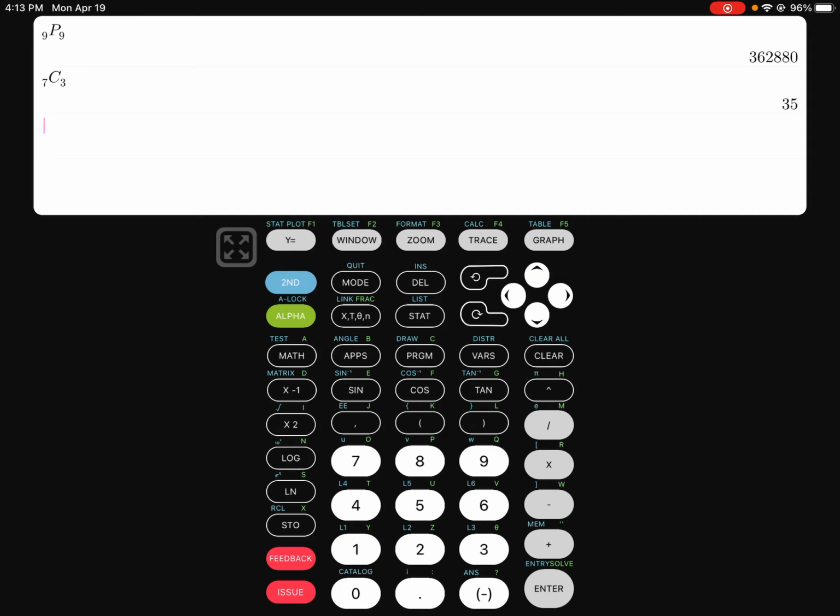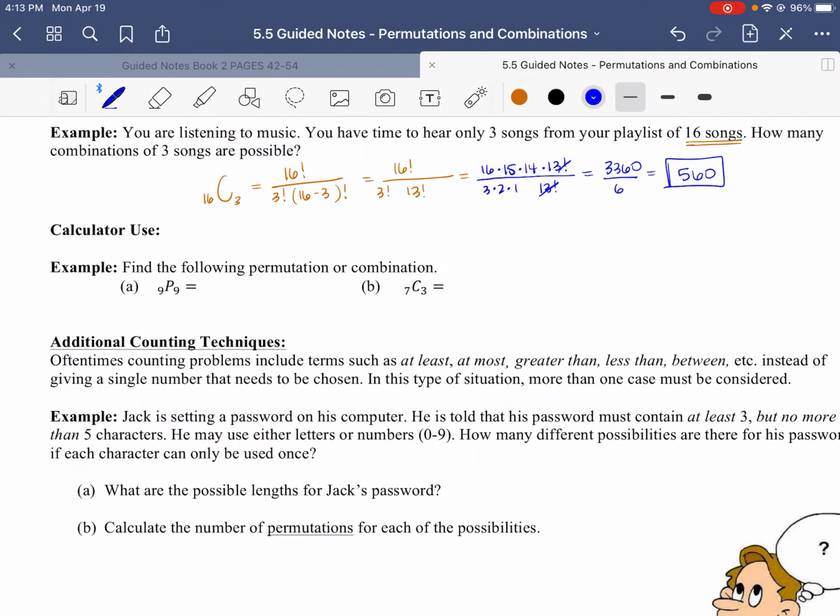So those will calculate it for me. Now again, I understand the calculator does that. I just would definitely practice using the factorial language so that you're comfortable with it moving forward and what it means. Okay.